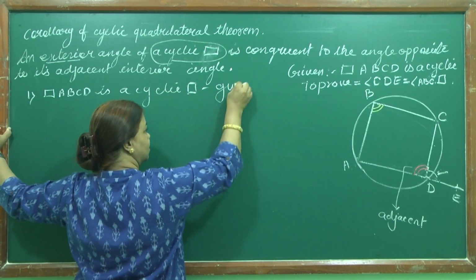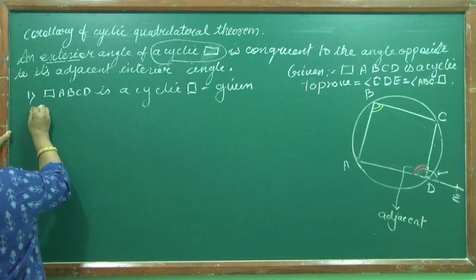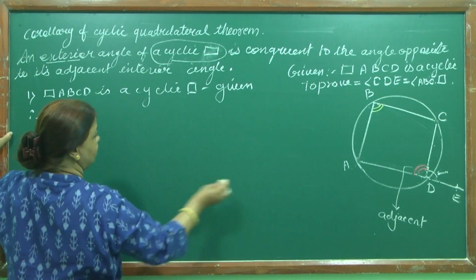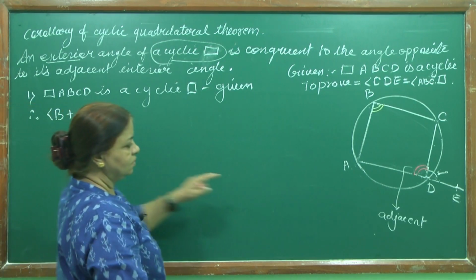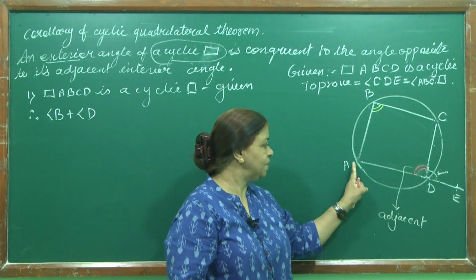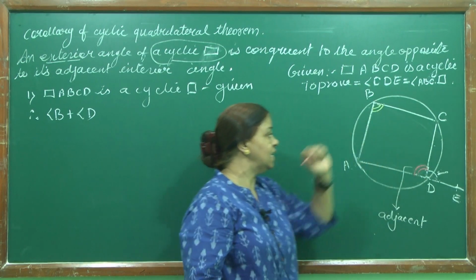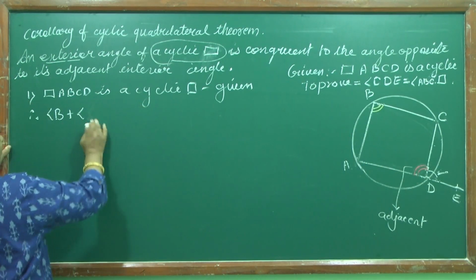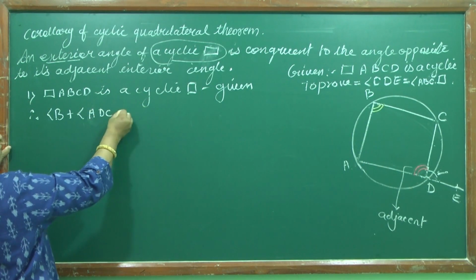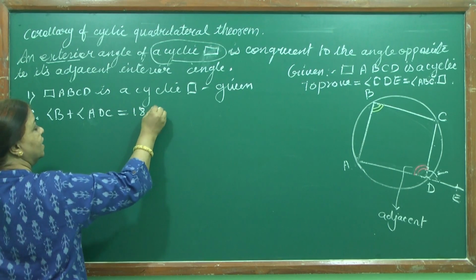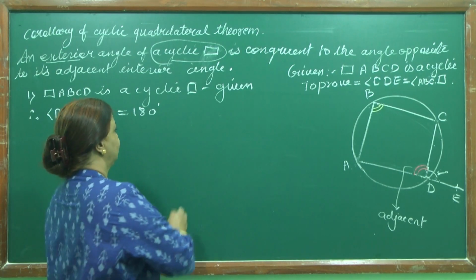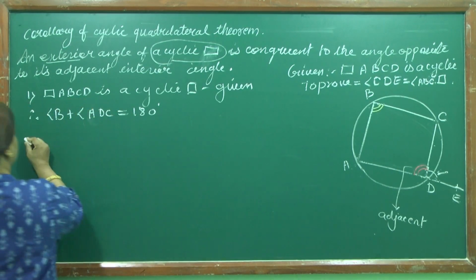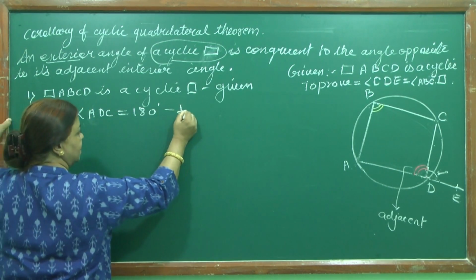Reason is given, children, and therefore angle B plus angle D, this angle, so let me name it as ADC, is equal to 180 degrees. Opposite angles of a cyclic quadrilateral are supplementary. This is the first statement.